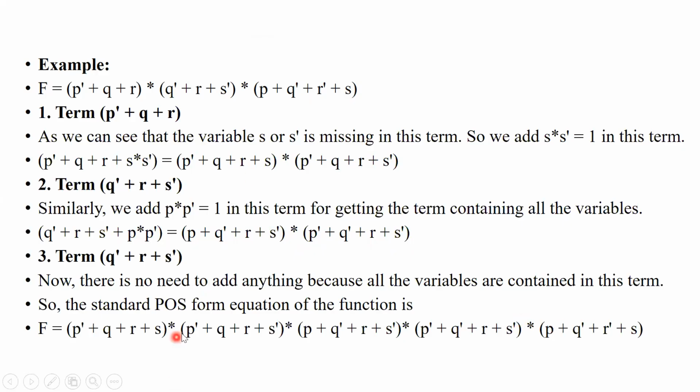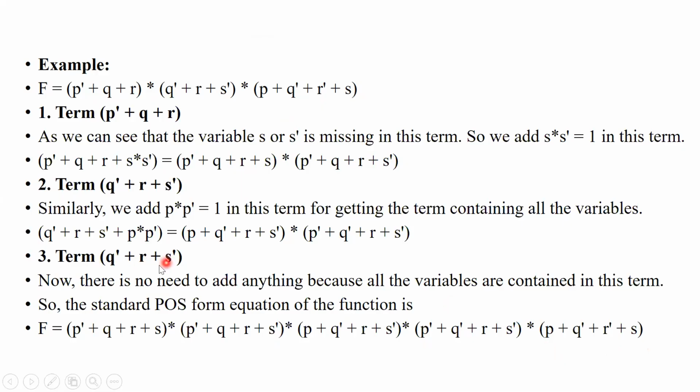Okay, so then what I do is, it is the product of sums. I write the first term, it became this one, so I write that term. The second term became this one, so I write it. The third term is as it is, so I write down the third term.